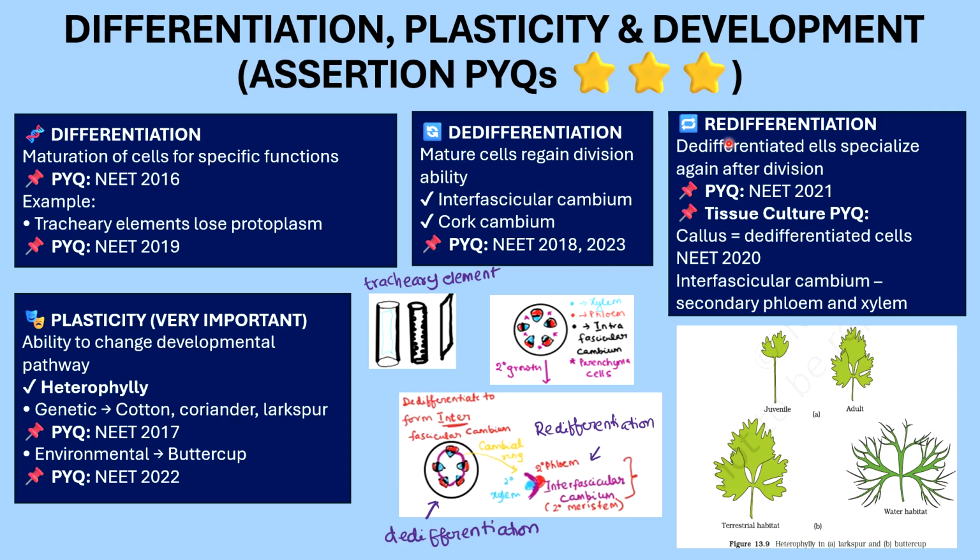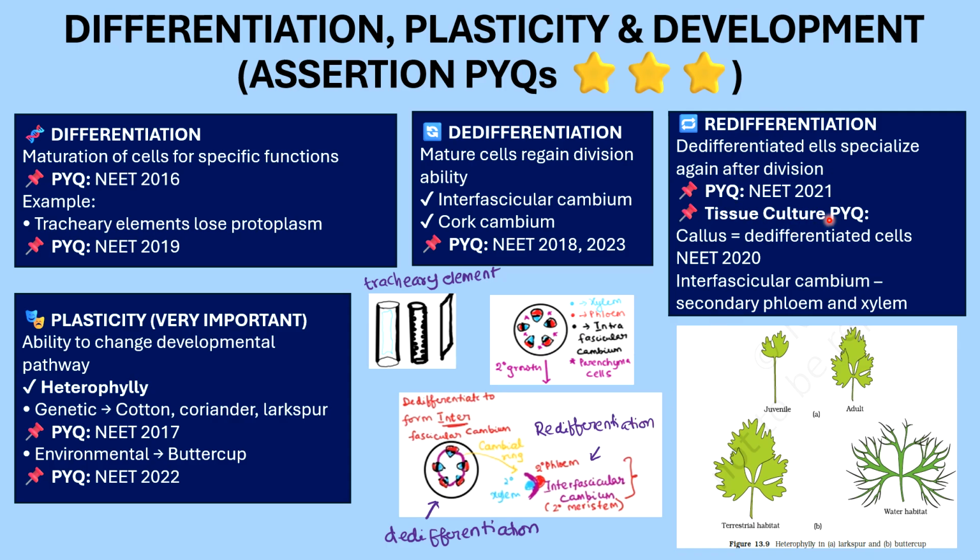Okay, what is redifferentiation? Redifferentiation is nothing but, again, the cells which have dedifferentiated convert into cells that perform specific functions. What are the examples? If this interfascicular cambium forms the secondary phloem and xylem, that's an example of redifferentiation.